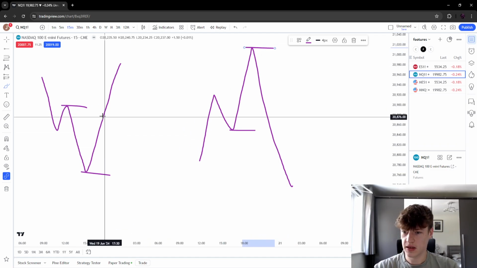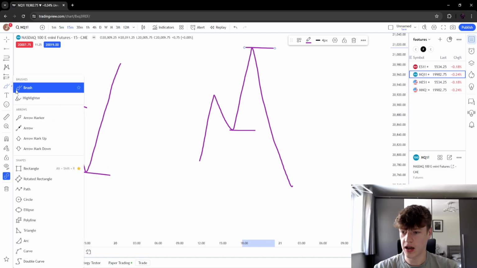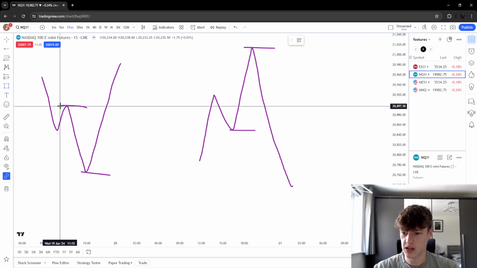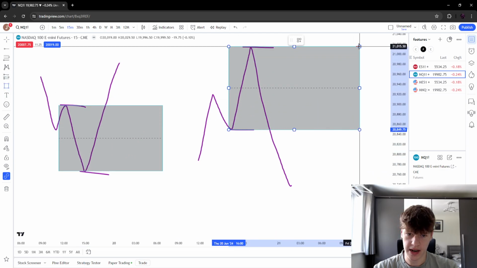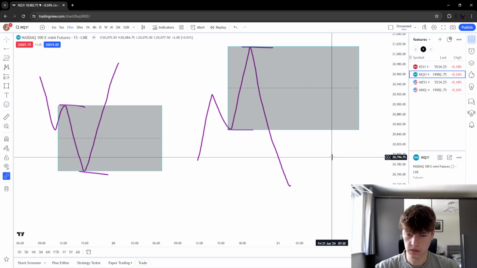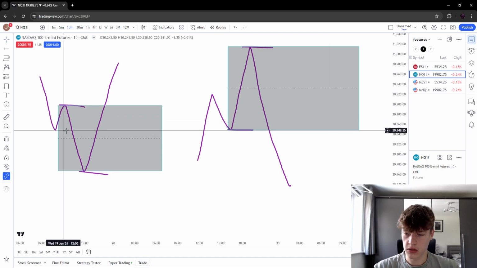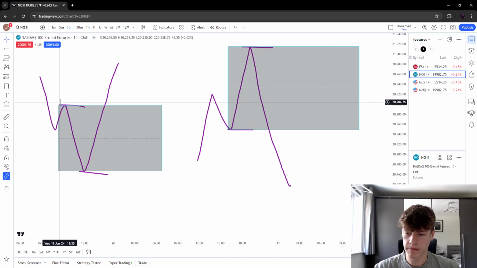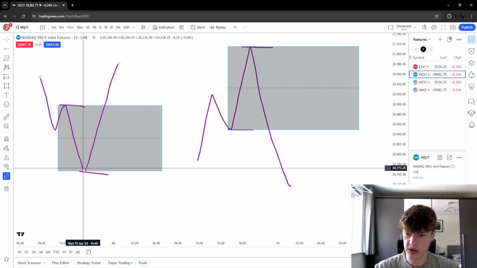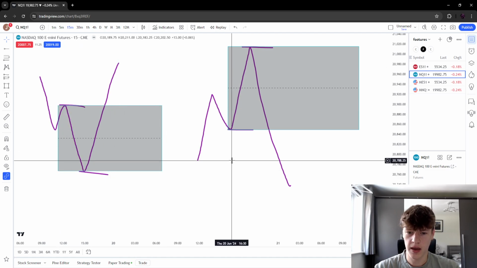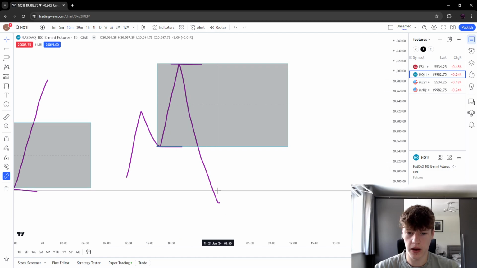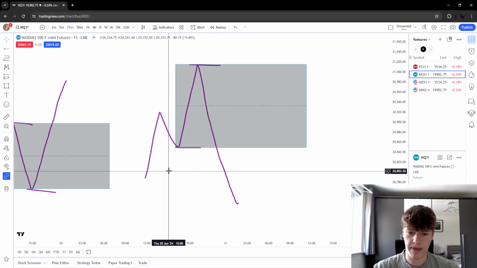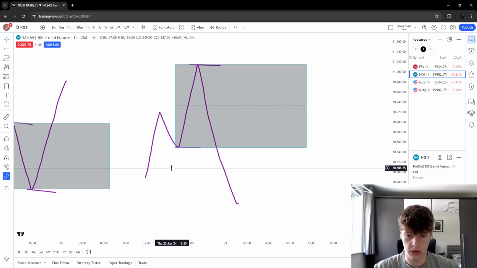But this is a perfect summary, and I have had this drawn out in my notebook ever since I learned them, and it really just helps me. A bullish order block is the move down that sweeps out liquidity to move it higher. A bearish order block is a move up that sweeps liquidity to move it lower. And it's a price range where banks got their large orders filled.